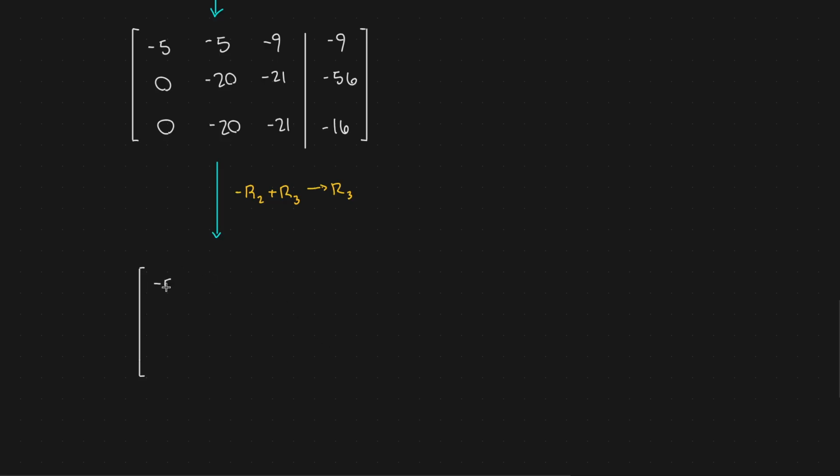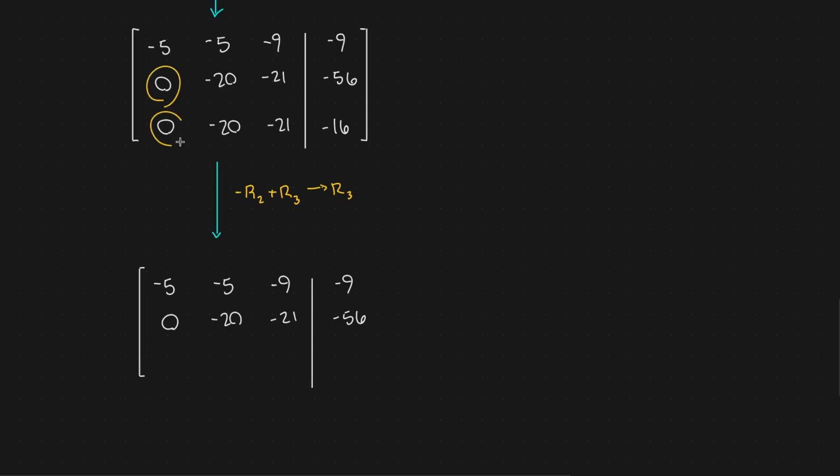So row 1 stays the same. Row 2 stays the same. The only row that changes is row 3. And in row 3, my new row 3 is my old row 3 plus negative row 2.